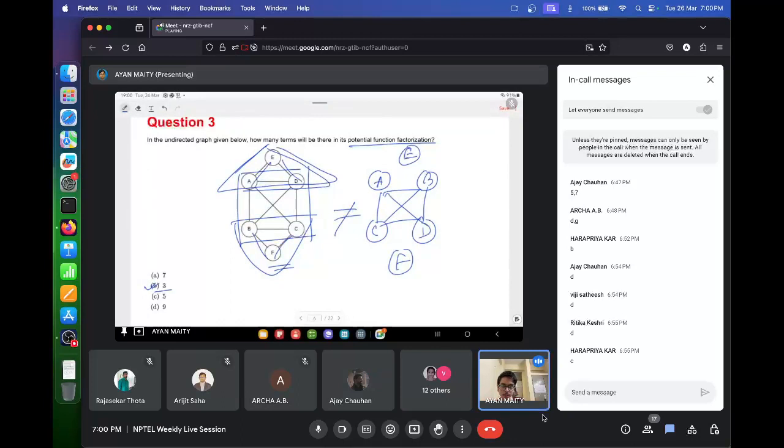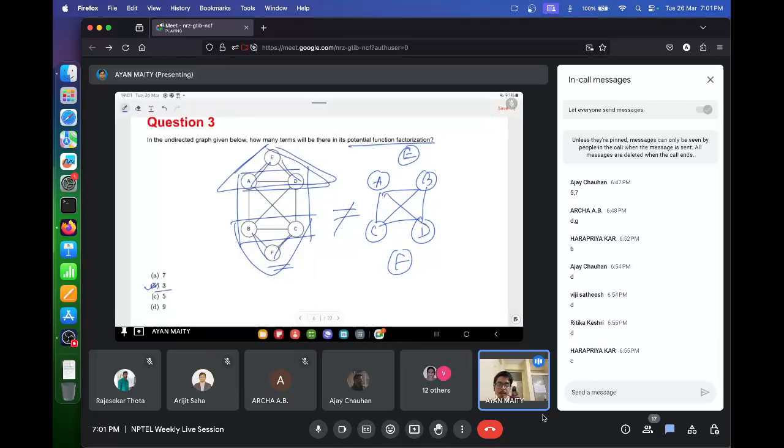That's why the question I have given asks how many terms there will be if we use the maximal cliques. If we use other cliques, there are many that are not maximal in nature. If I consider B, D, C, F, it is not a clique because D and F are not connected.